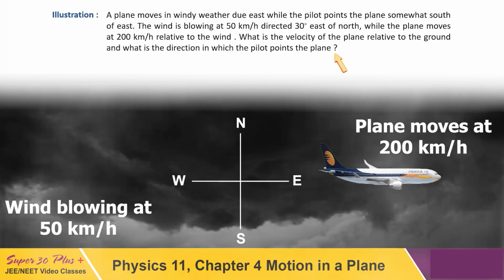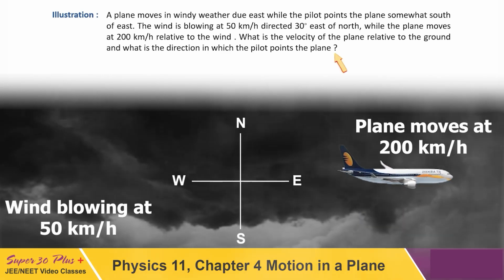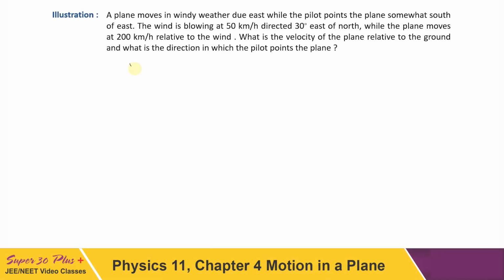Now if we represent the velocity of plane with respect to ground by vpg, the velocity of plane with respect to wind as vpw, and the velocity of wind with respect to ground as vwg, then we can write vpw, the velocity of plane with respect to wind, as the velocity of plane with respect to ground minus the velocity of wind with respect to ground.